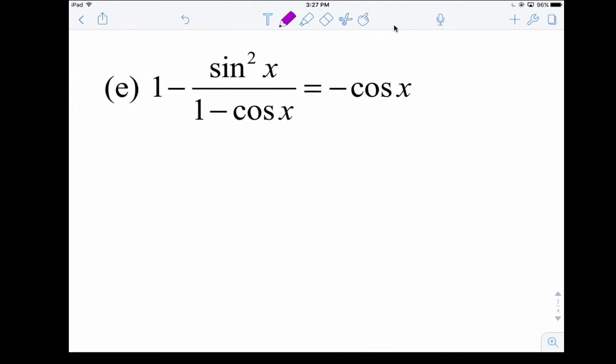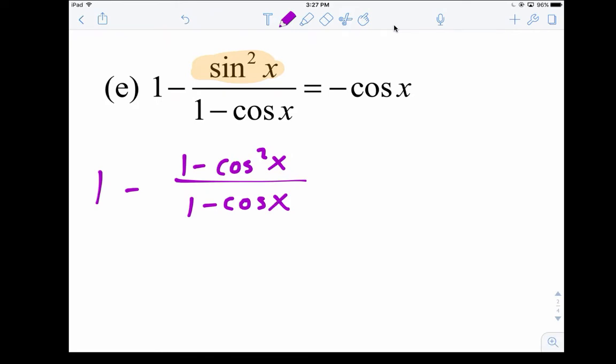Alright, letter E. I have 1 minus sine squared over 1 minus cosine. Okay, let's see. Alright, so what I want to do is I'm going to try and change this. Okay, I know sine squared is equal to 1 minus cosine squared. Okay, so what that's going to give me is 1 minus cosine squared over 1 minus cosine.